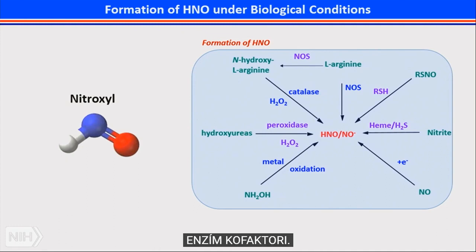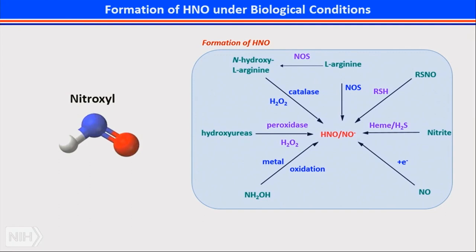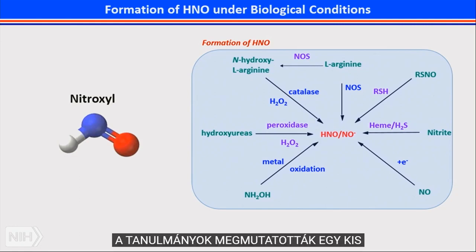Other than that, hydroxyurea and hydroxylamine can also undergo oxidation reaction to form HNO. But one of the most recent studies has shown that a small SNO molecule, HSNO, which is the smallest SNO molecule, can react with H2S, which is another gasotransmitter, to form HNO.